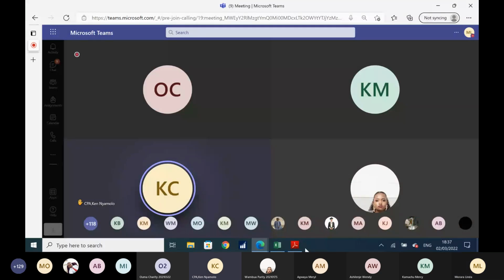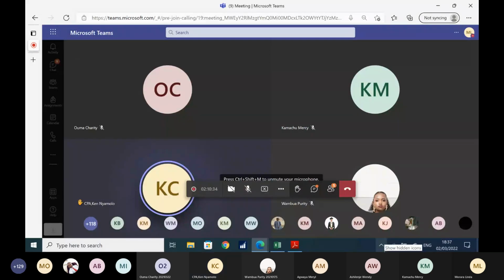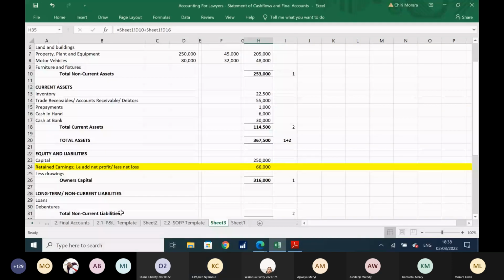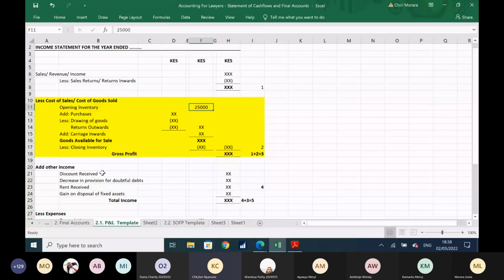And I would just sound a warning to the class members. You've seen that last bit where you are looking for that difference of 1,500. In an exam situation, you may not need to go looking for one sheep or one goat that is lost and you leave the other 99.